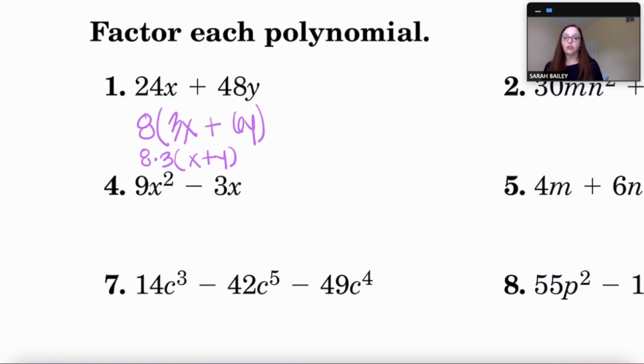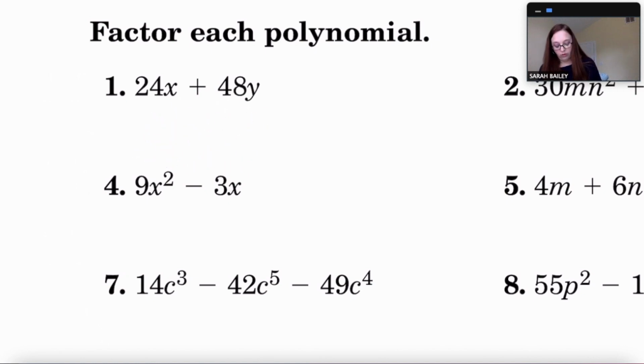Well, 8 times 3 is 24, so let's back up. I could have pulled a 24 out of both of them, couldn't I? And that would be x plus 2y, because 24 times 2 is 48. I should have noticed that one right off. So if I go back and use my distributive property, 24 times x is 24x, 24 times 2y is 48y. So this is it. I have factored this polynomial.